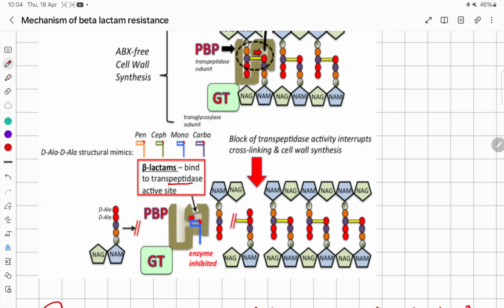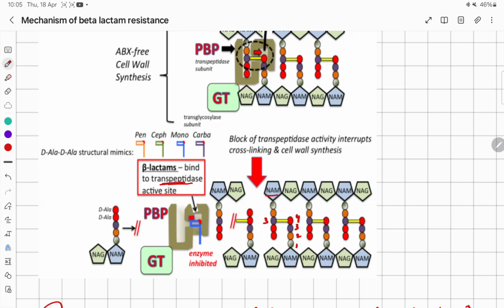You can see N-acetylmuramic acid is connected to five amino acids. The third amino acid from one N-acetylmuramic acid is cross-linked with the fourth amino acid of another N-acetylmuramic acid, and this cross-linking is done by the transpeptidase enzyme.